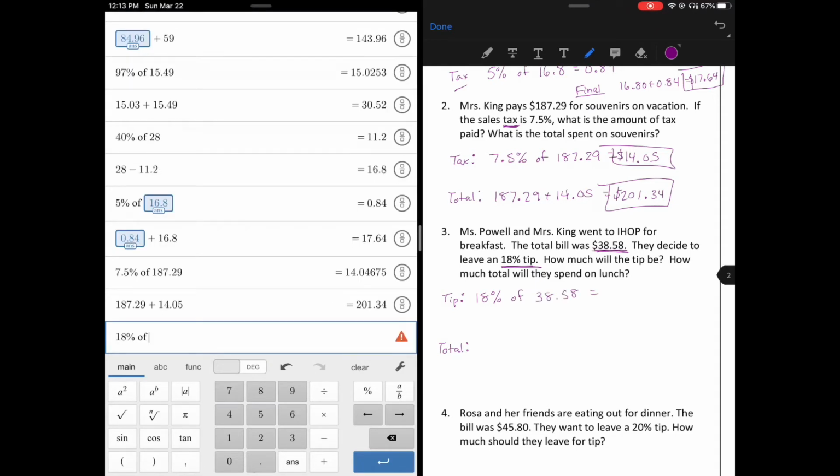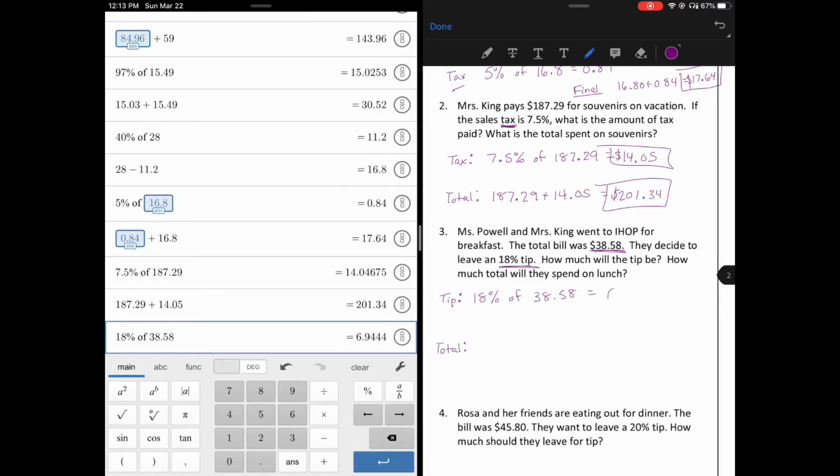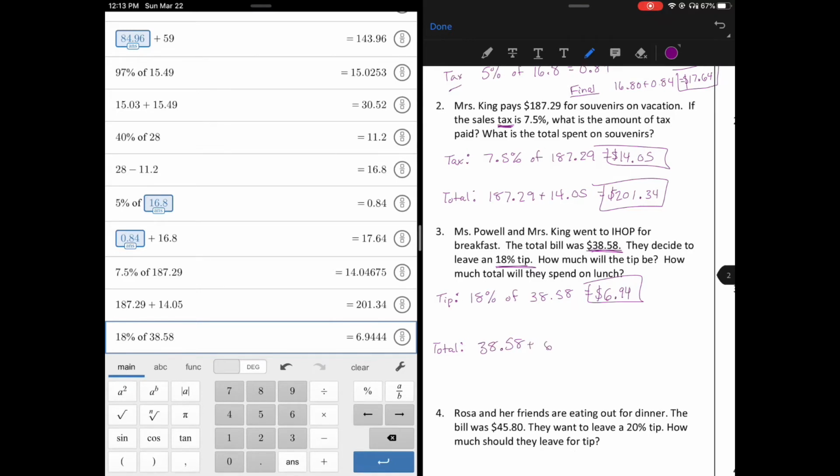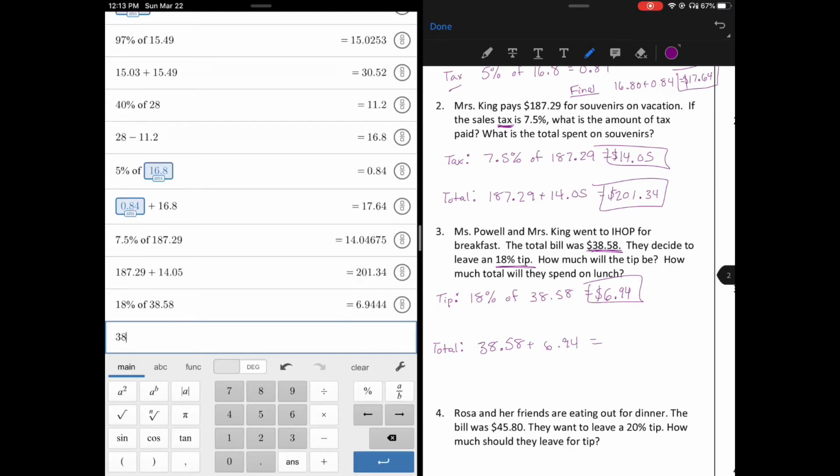So we'll go over to Desmos and we'll plug it in. And we get $6.94 for our tip. And then to find our total, we'll add the original amount plus the tip, to give us a total of $45.52.